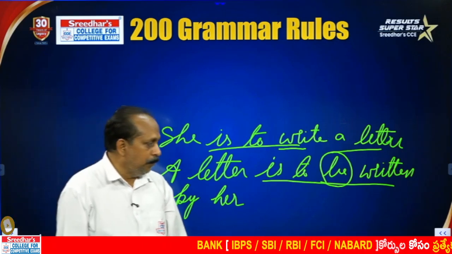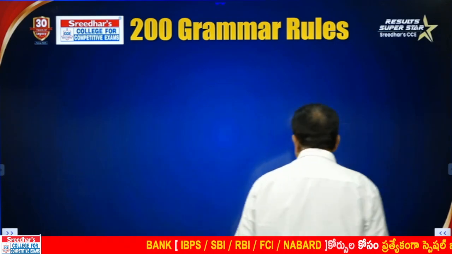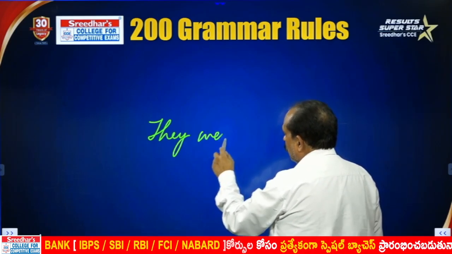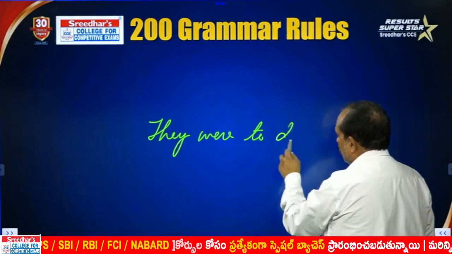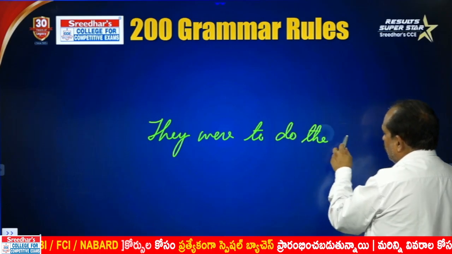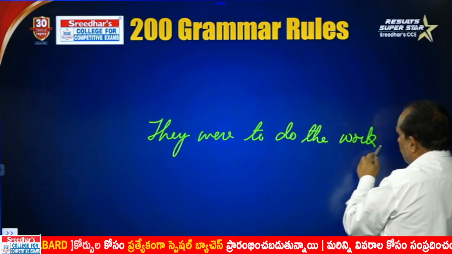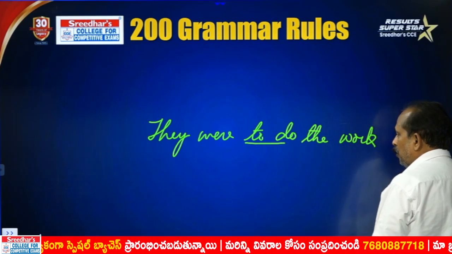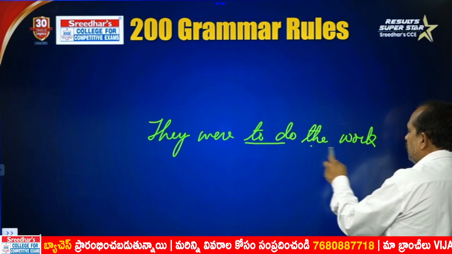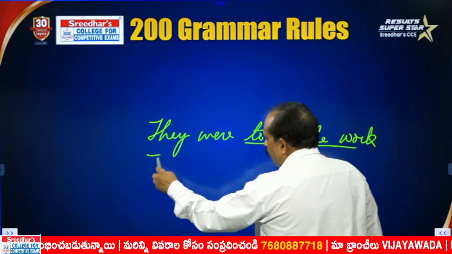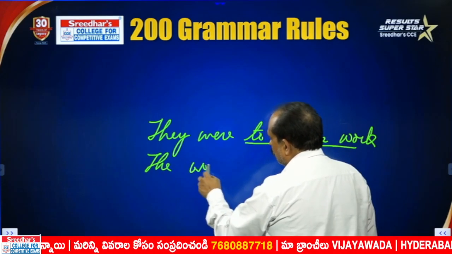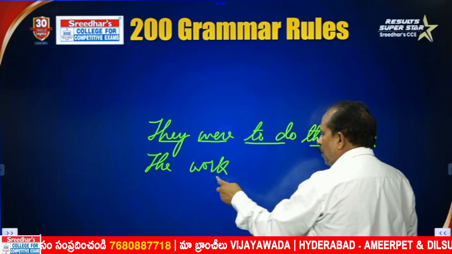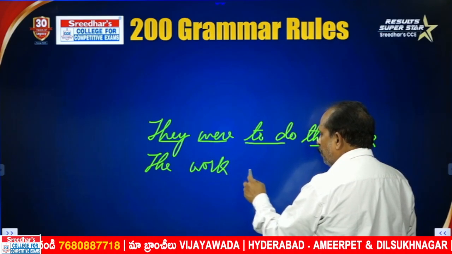I'll give one more example. These examples are very important. They were to do the work. These are actually infinitives. What is the infinitive here? To do. And what is the object? The work. It becomes the subject. How do we change it? The work. Here they is plural, and the verb is plural. Work is singular, so we have to use singular, but past.